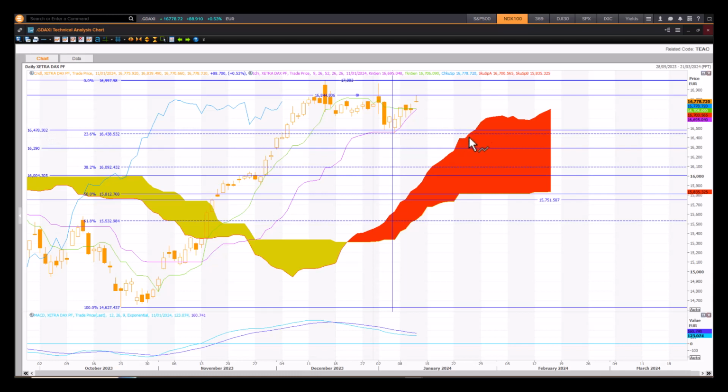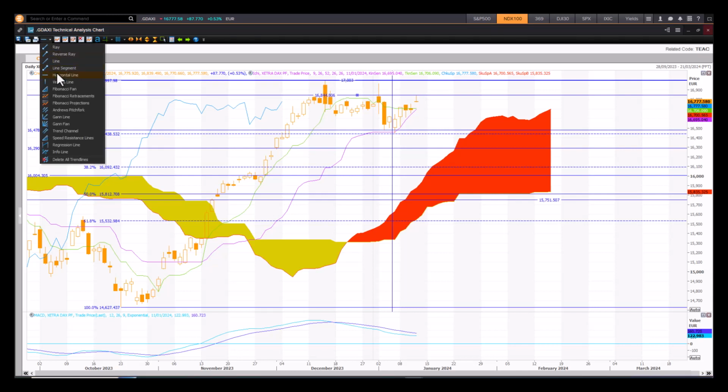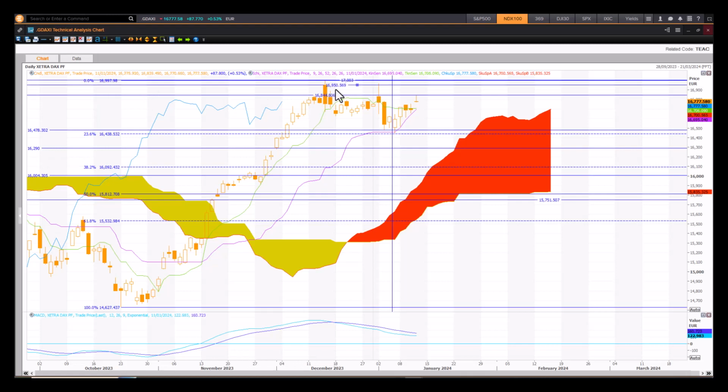So those are the downside support targets for the January rally, and the upside resistance targets are these old highs, that range between the ultimate 17,000 high and that level of 16,950. So that's the upside resistance zone.